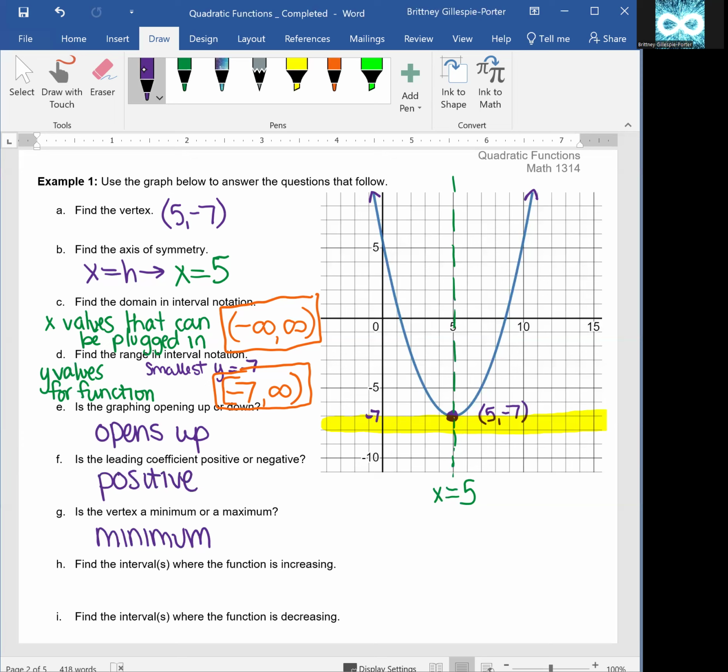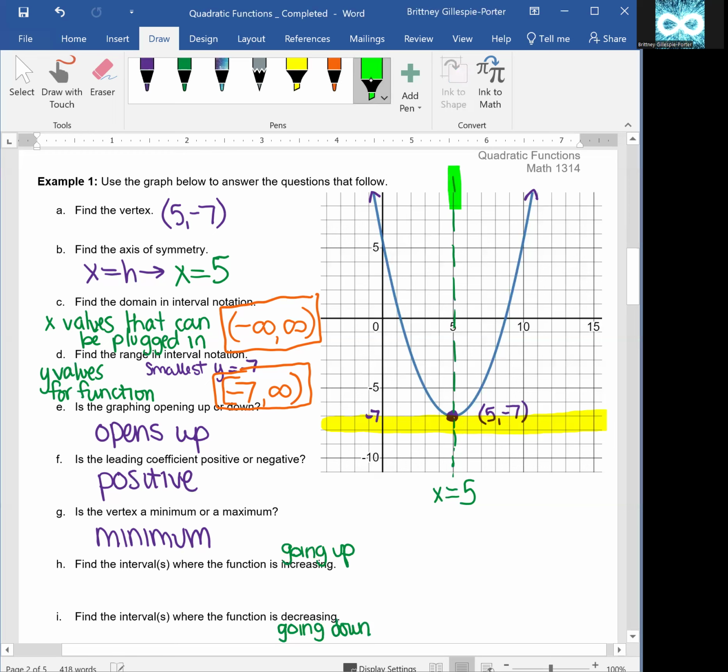Okay. For our parabolas, when we're asked to find the intervals where the function is increasing or decreasing, remember that increasing means going up, while decreasing means going down. We're going to go from left to right. Okay, so if I am looking at my graph, I'm going to use a highlighter again. We had our axis of symmetry at x equal to, sorry, +5.